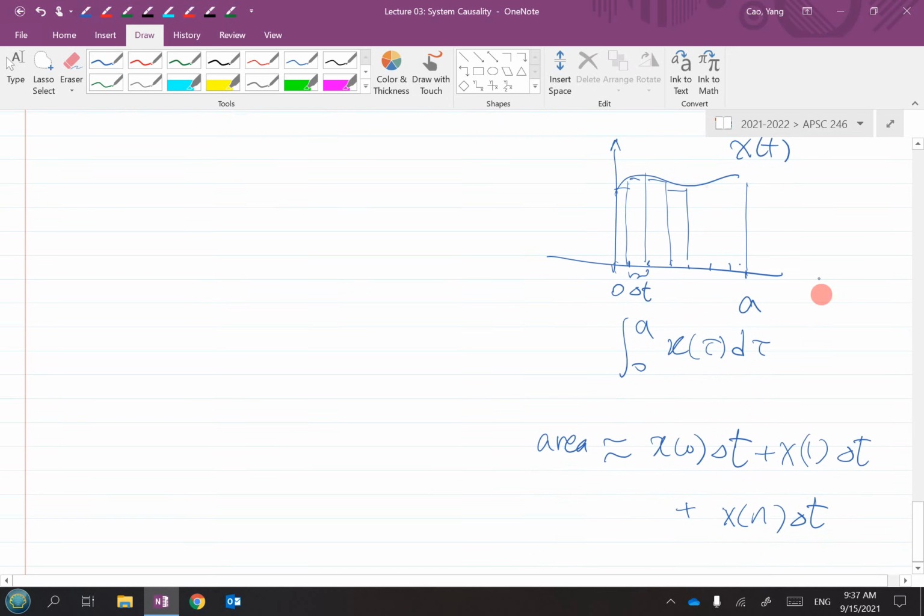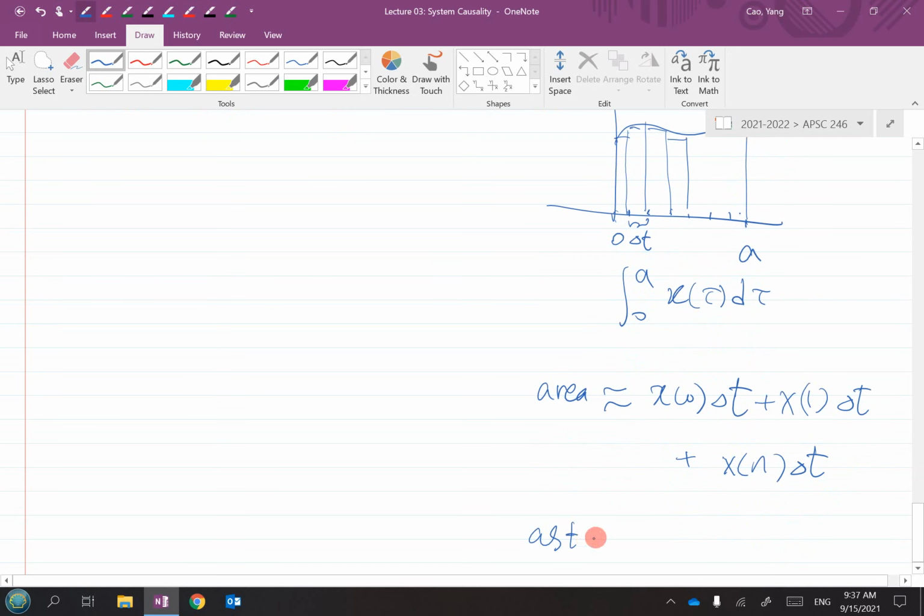Then as n goes to infinity, you separate this bottom interval into an infinite number of intervals. The top expression can be written using the summation sign, for example n equal to 0 up to n, of x of n times delta t.